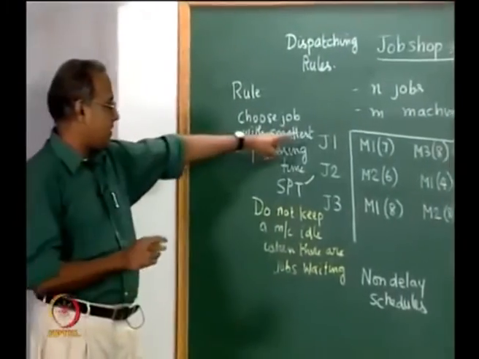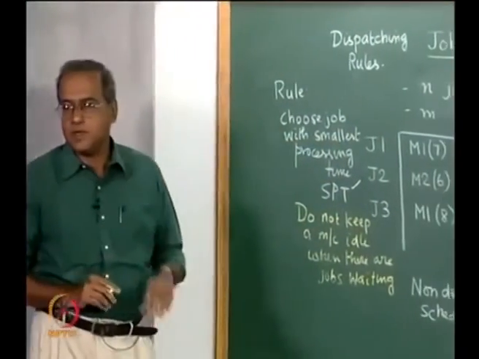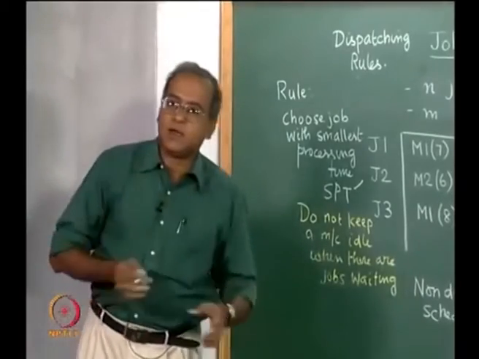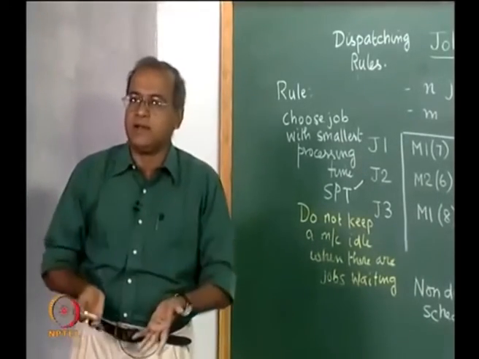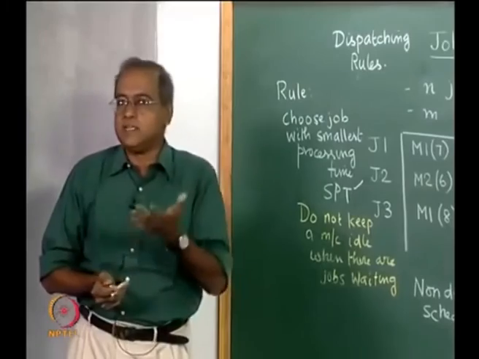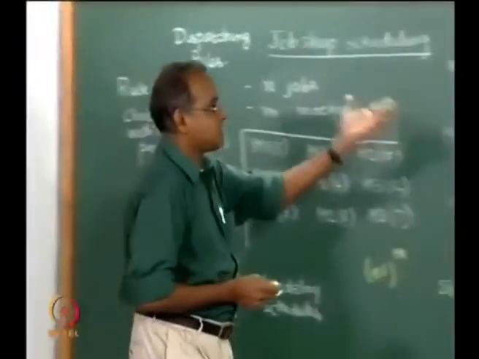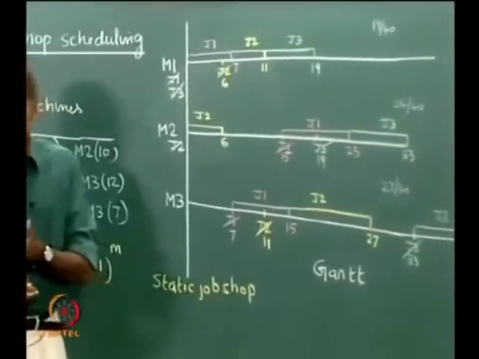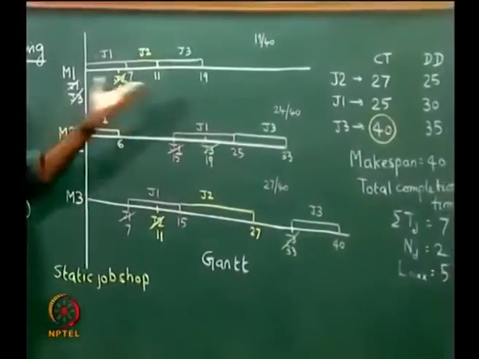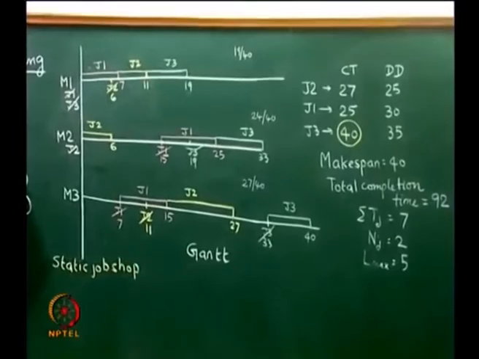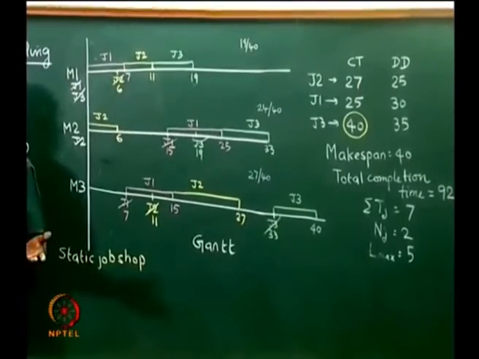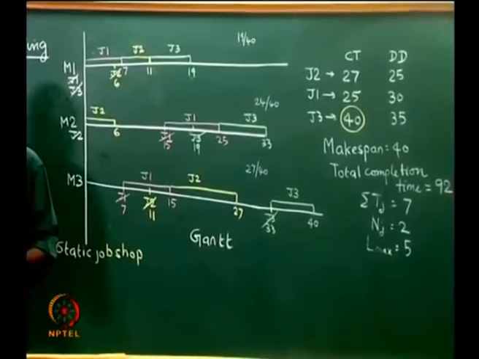So, in this example there are only 3 jobs. So, the planning period or the planning horizon will end as soon as all the 3 jobs are completed. Therefore, from a Gantt chart schedule it is possible to compute a makespan, because the point at which all the 3 jobs are over will be the makespan.